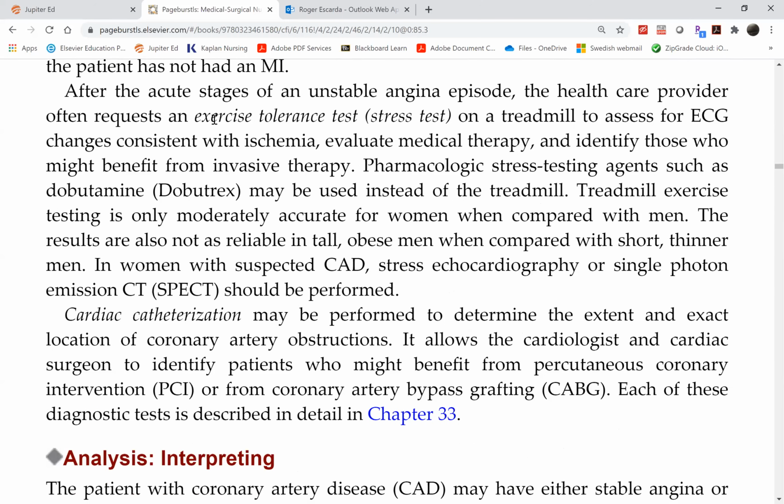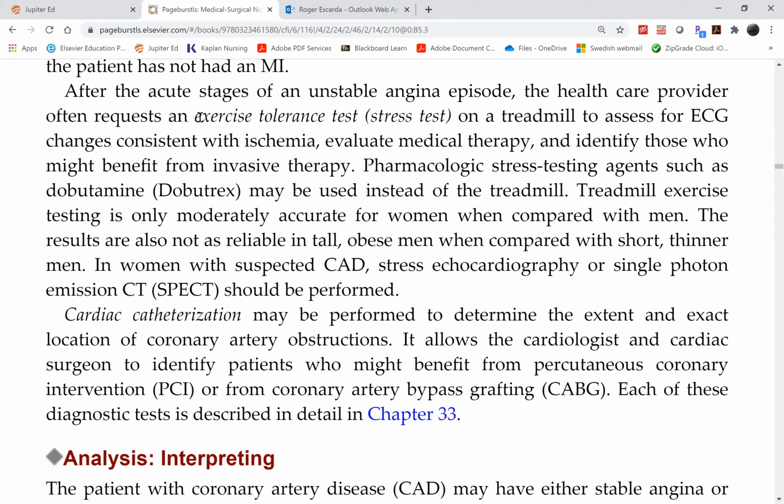The exercise tolerance tests are not done if the patient already has the acute symptoms. But once the doctor rules out or makes a diagnosis, for instance, let's say it's not non-STEMI, it's not STEMI, it's unstable angina.